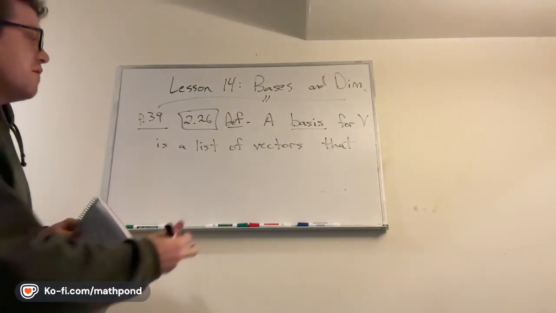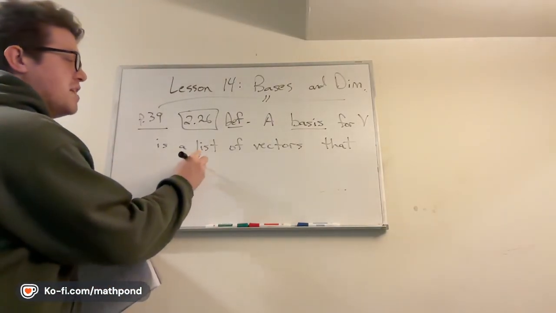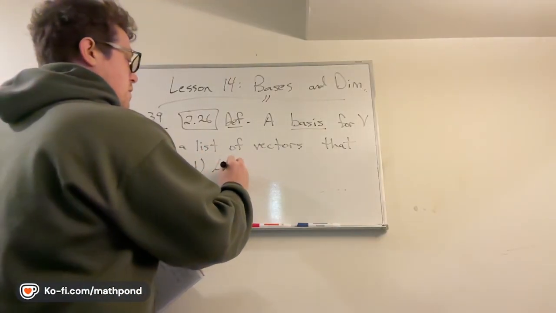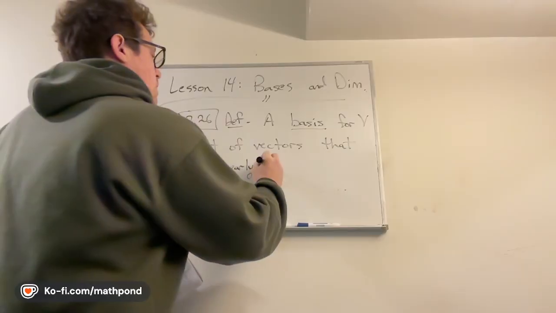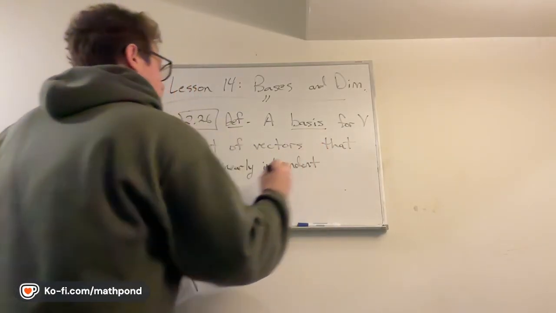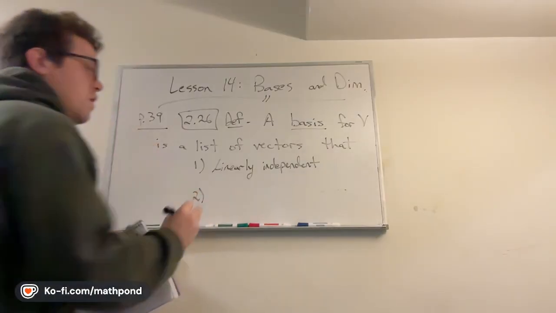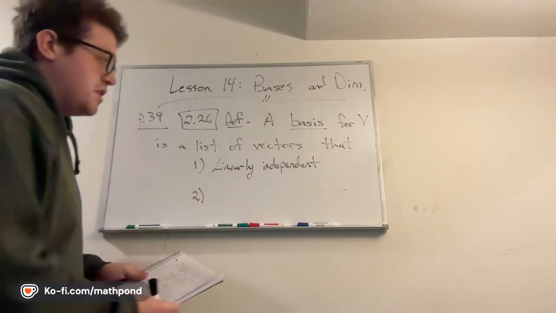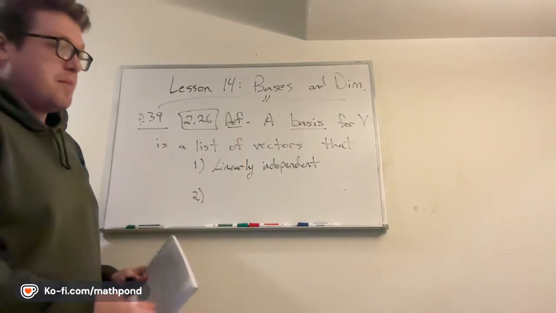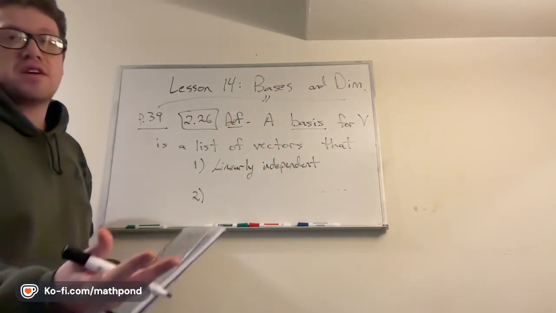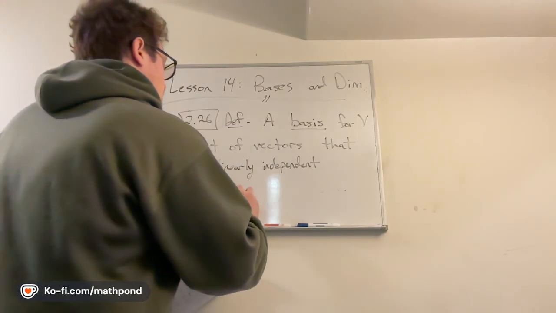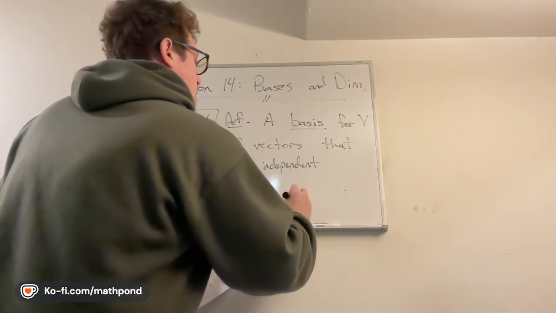So first, for a basis, you need this list to be linearly independent. And two, it needs to span the vector space, meaning that if I take all possible linear combinations of this list, I'll get every vector in the vector space. So it needs to span all of V.